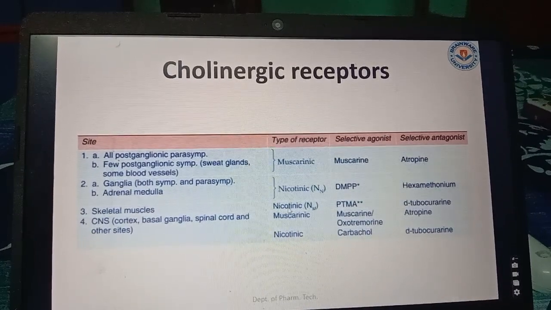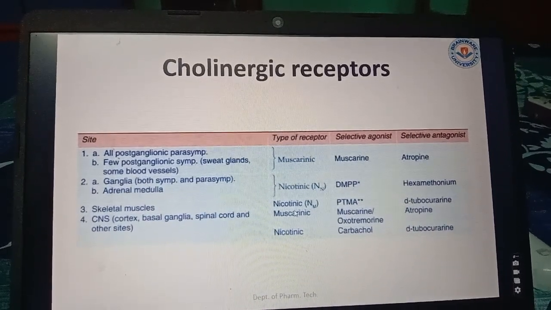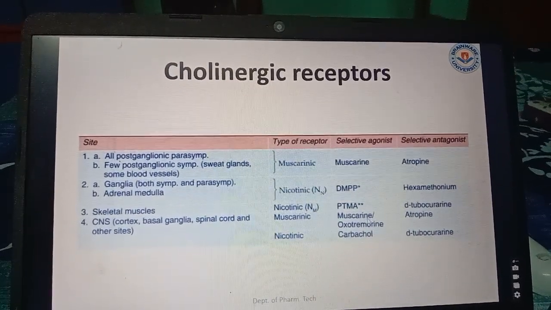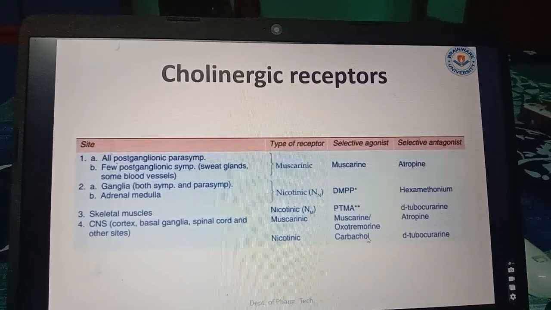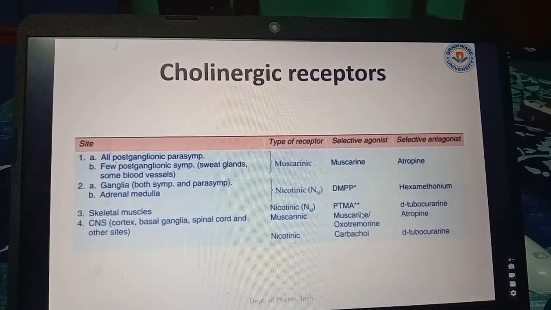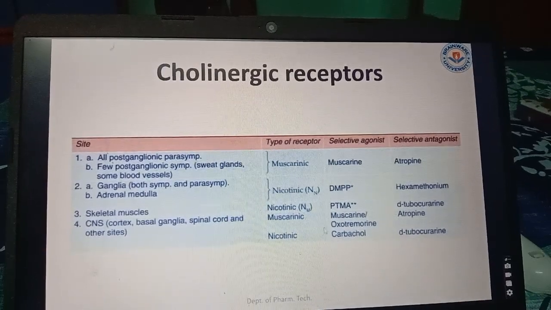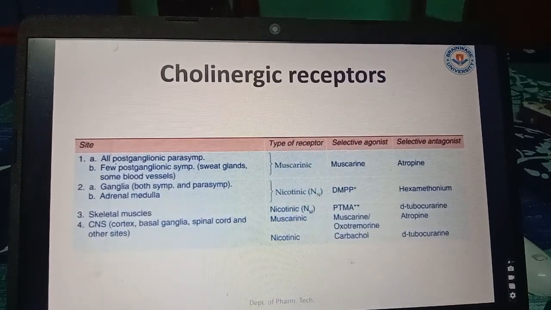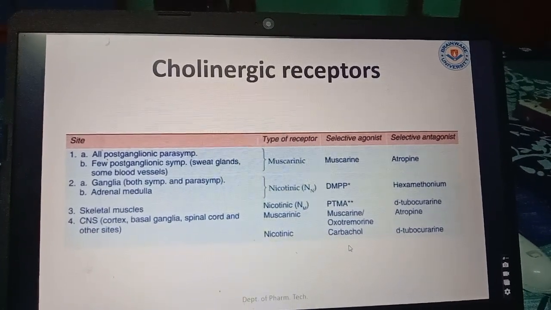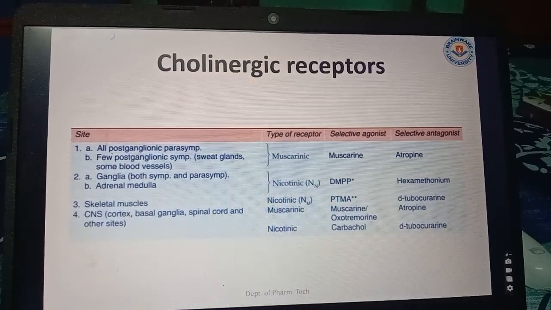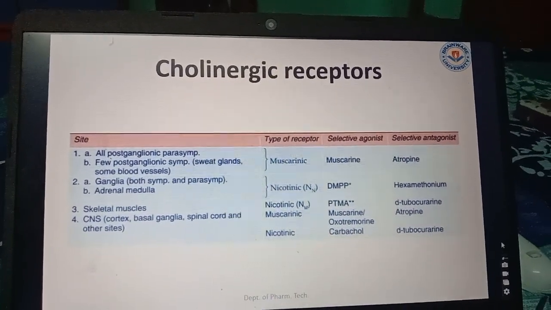In both receptor types, nicotinic and muscarinic, oxotremorine, tremorine, and carbachol are selective agonists. At the nicotinic receptor these drugs also have agonistic action, whereas the antagonists are D-tubocurarine and atropine.